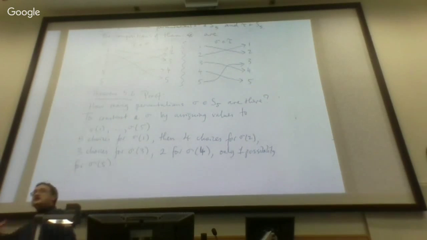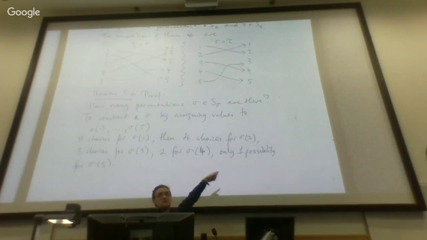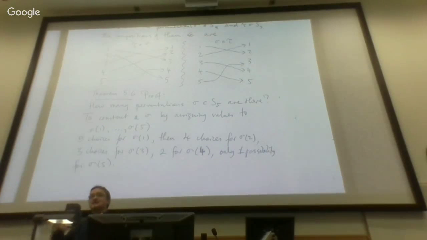Now, all of these choices are independent. You can have any combination of these choices. So 5 choices for the first option, and for any of those 5 you've got 4 different choices for the next element. So we have to multiply together these options. It's like a branching choice tree.